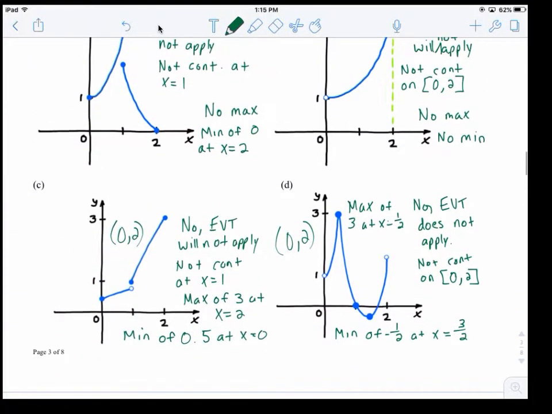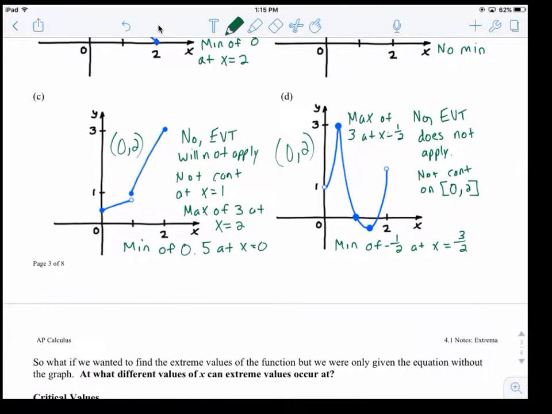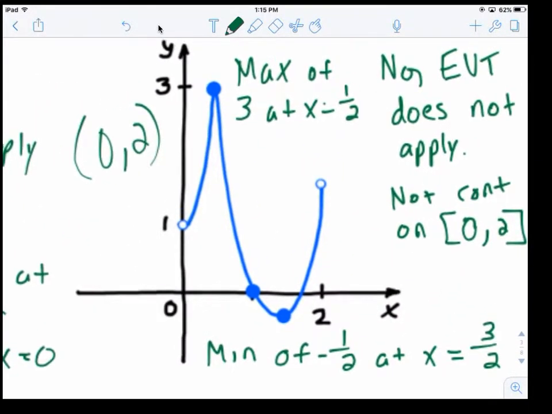So what you want to look for, say we had an equation and the graph came out looking like that, and they say, find for me the critical points. The critical points are when the derivative doesn't exist or it's equal to 0. So based off that graph, where would you have a critical point? Where does the derivative not exist, and where does it equal 0?